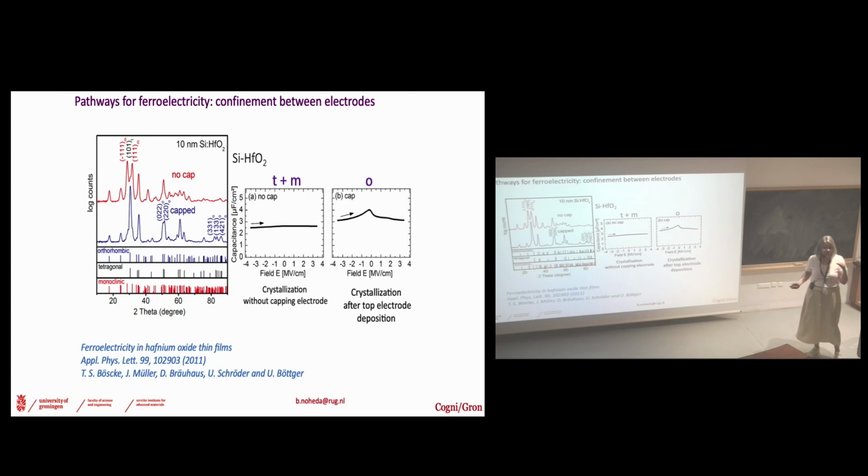These films are very thin, and if you have such a small volume in thin film form, it is very difficult to actually establish the actual structure. You cannot get a space group with full conviction. You can look at the pattern and say, okay, it is consistent with, but to really prove that it is this space group that is really polar is very, very hard.